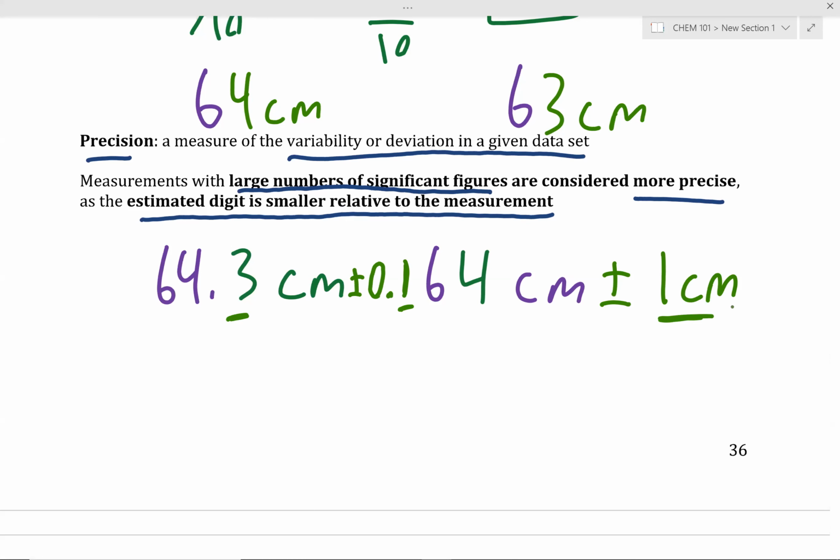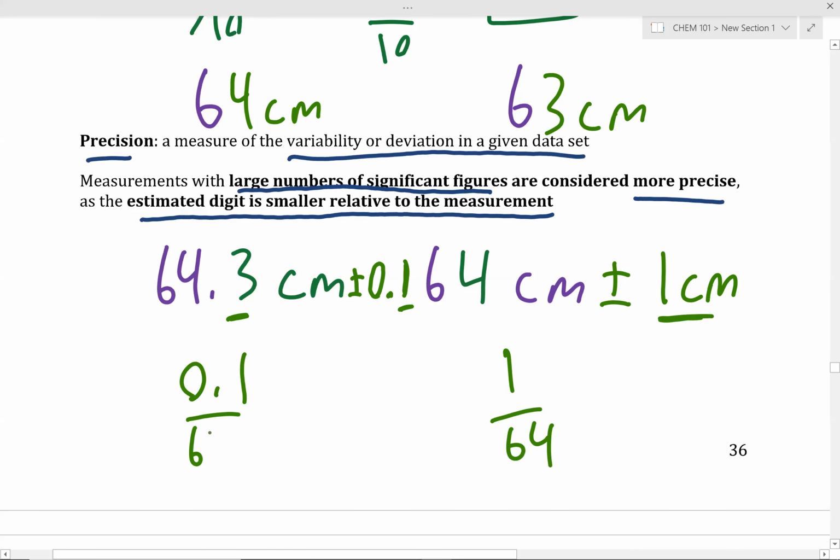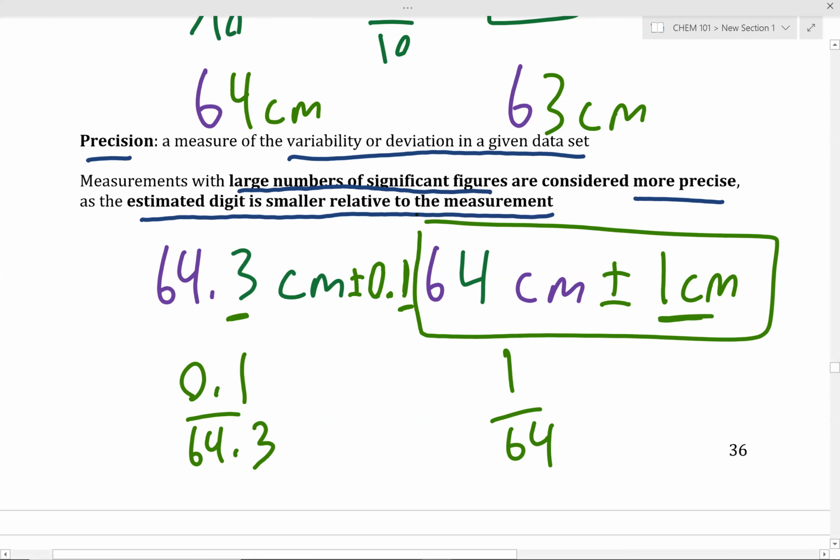Now, if we compare 1 over 64 to 0.1 over 64.3, which of these two measurements has the smallest amount of variation? This one on the right, 64 plus or minus 1, is varying in the ones place.